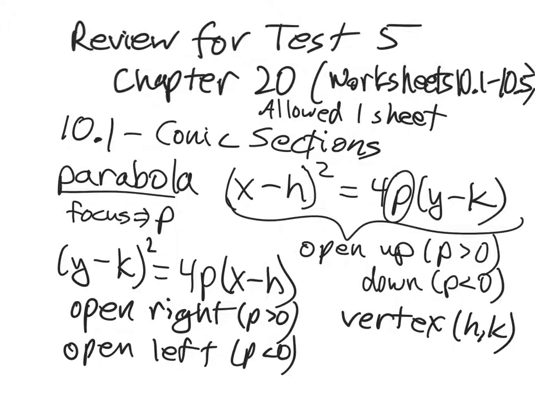So if p is negative, then you'd go either down or left to get to the focus. And then you go the opposite direction to get to the directrix. Okay, questions on the parabola?